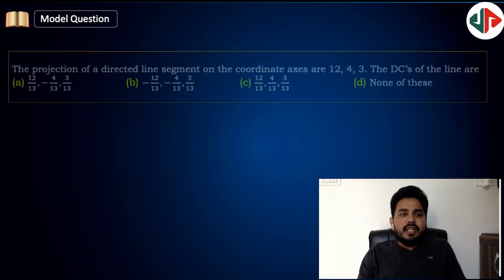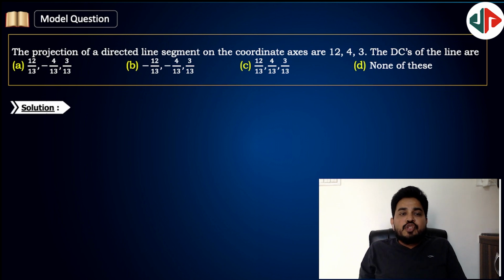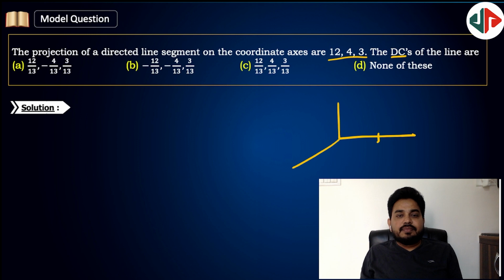The next question is the projection of the directed line segment on coordinate axes are 12, 4, 3. So on the x-axis it is 12 comma 0 comma 0, here this one is 0 comma 4 comma 0, here it is 0 comma 0 comma 3.